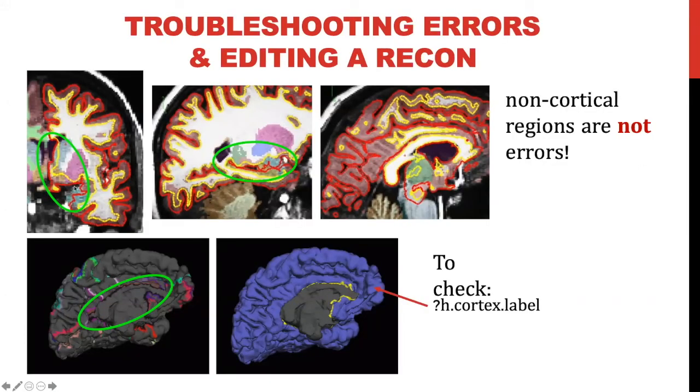So this is a good point to mention that if you look at your subcortical region, you will notice it is a little funky looking. But when you are analyzing your surfaces, you don't really need to worry too much about the subcortical region. Maybe click on the next slide as well.